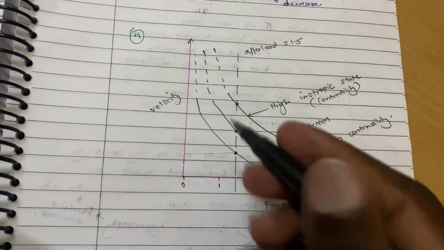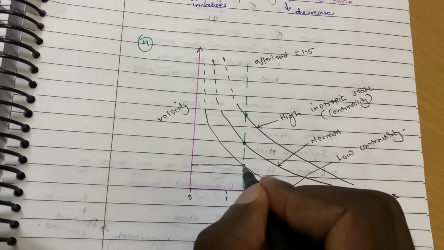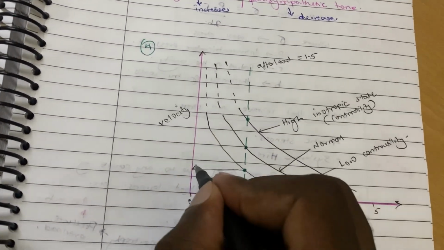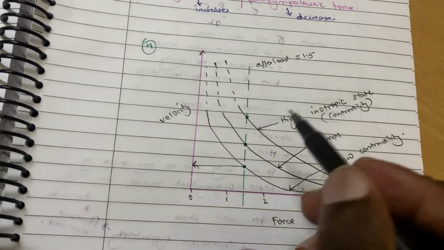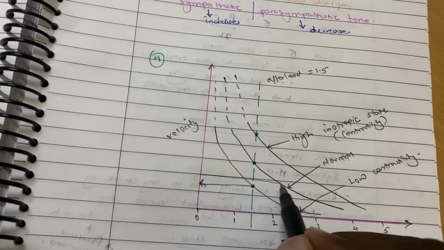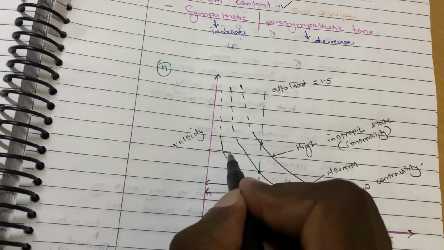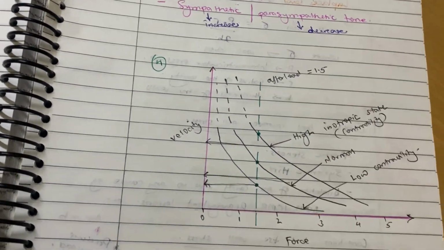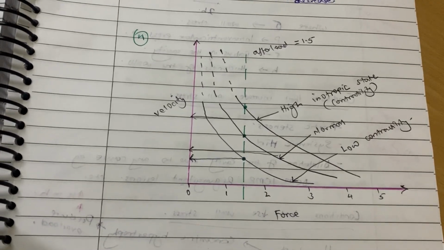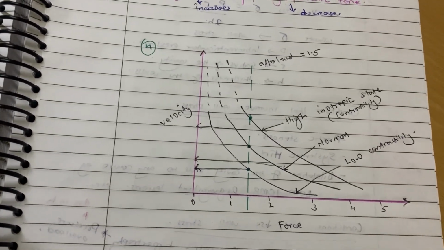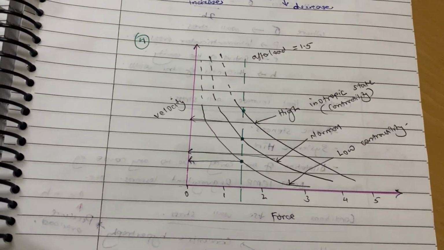So at a low contractility, the velocity is low at that level. At medium or normal contractility, it is above, and then at high contractility, it's where it is. So it increases with the increase in contractility.